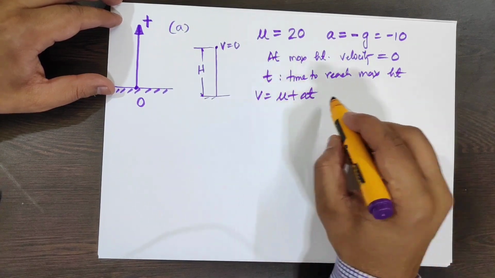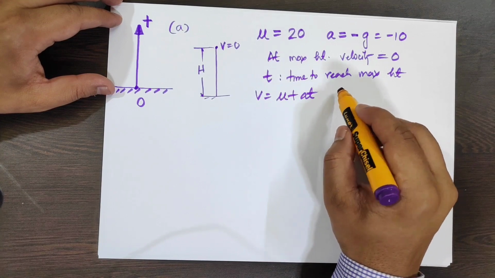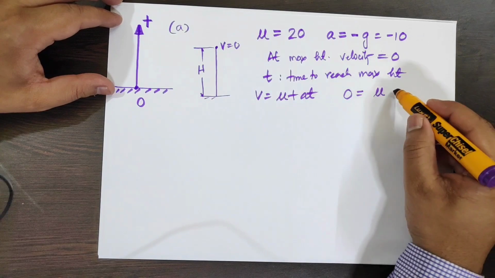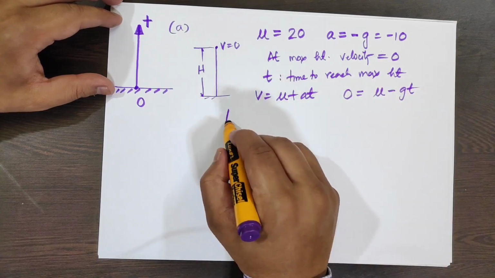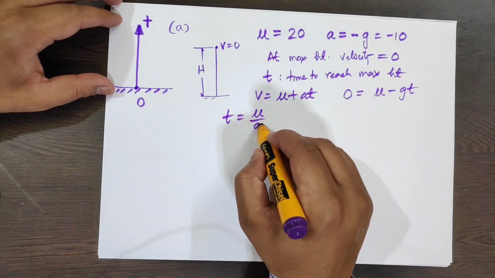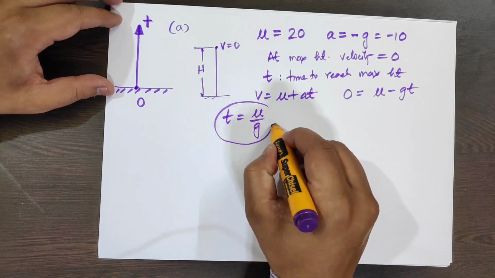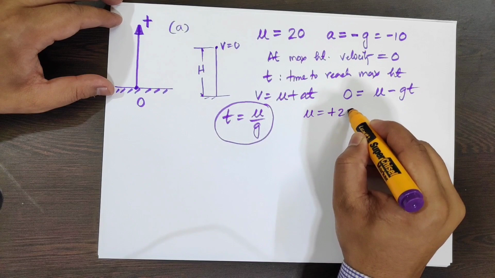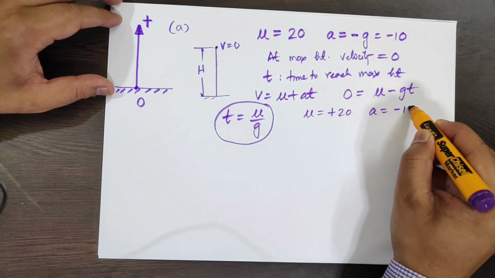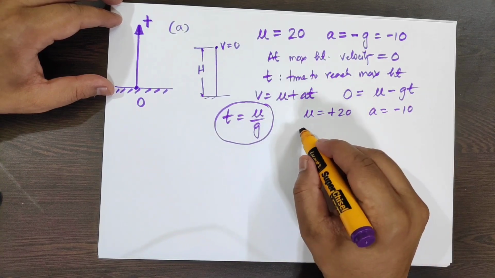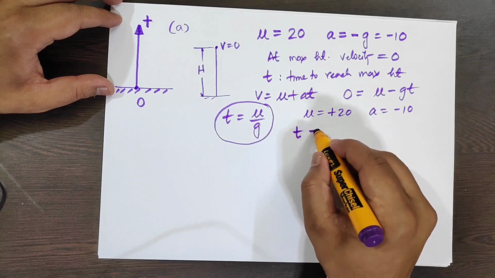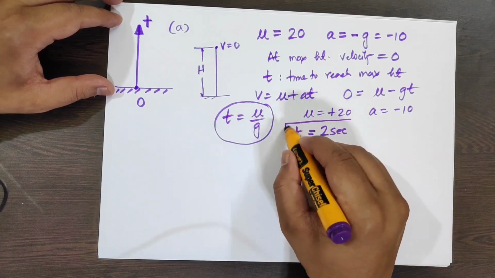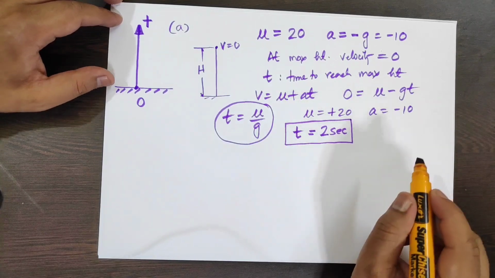I'll put v as 0, u as u, so 0 equal to u minus gt, so t is equal to u by g, or here as the values are given, u is equal to plus 20 and a is equal to minus 10. So the time to reach maximum height becomes 20 by 10, which is 2 seconds.